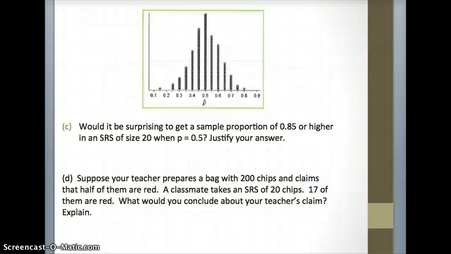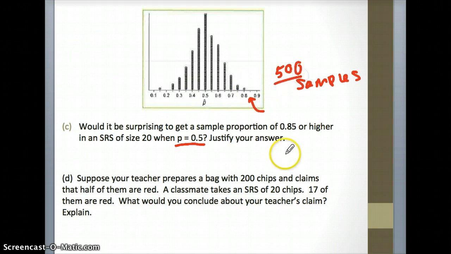Would it be surprising to get a sample proportion of 0.85 or higher in an SRS of 20 when your sample proportion is 0.5? Well, think about it, guys. You don't have any 0.85 or higher when you took 500 samples. So yeah, I would say that it's fairly unlikely. If it didn't happen at all in 500 samples, I would say it's probably not going to happen.